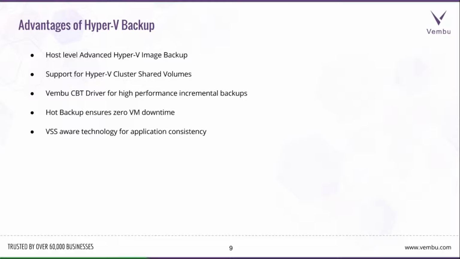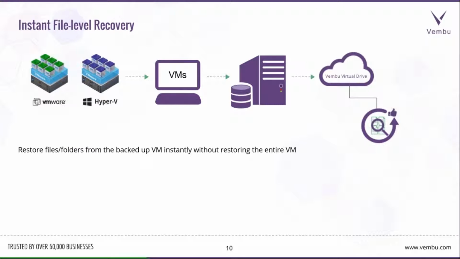And here we come to the heart of the session: how we actually perform instant file level recovery with VM Backup. The VM Backup agent backs up the data to the BDR server, and the BDR server manages the data with our own file system called Vembu Hive, and it creates something on the BDR server machine called Vembu Virtual Drive.